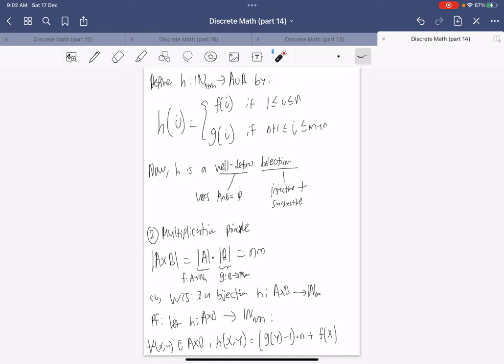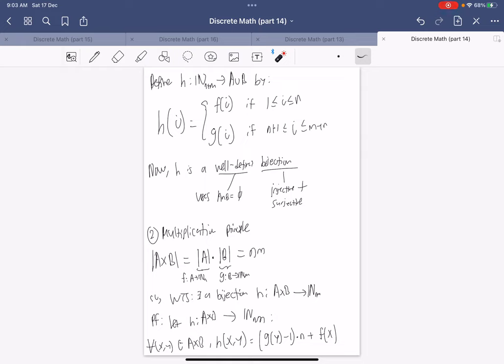Next, we also have the multiplication principle, but this time the bijection is a little harder to define. So the multiplication principle states that the cardinality of A cross B is the cardinality of A multiplied with the cardinality of B. So it's just nm. So it means we need to find a bijection from A cross B to nm.